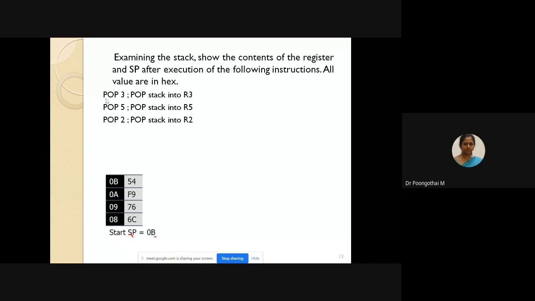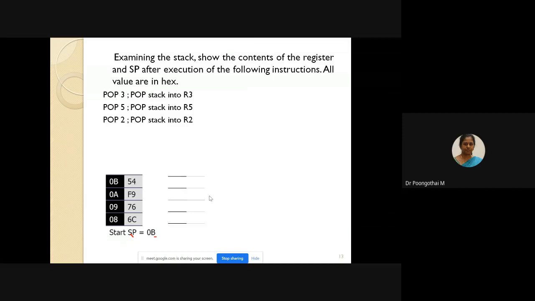So after execution of POP 3, what will be the content of your stack memory? Please tell. What is the operation to be carried out during the execution of POP? First, it will get the data and then decrement your pointer, okay?